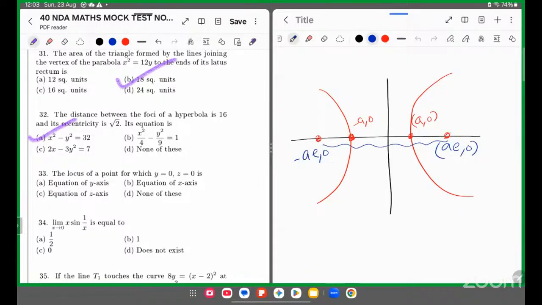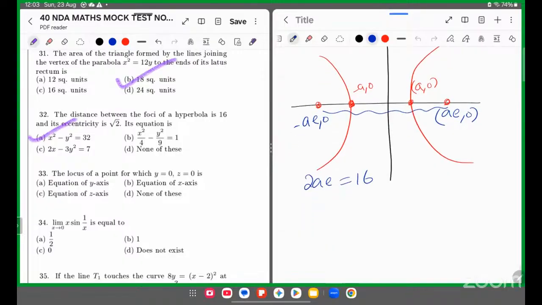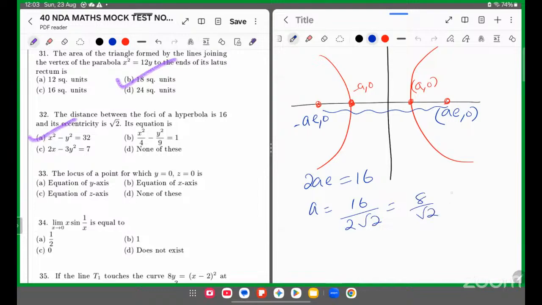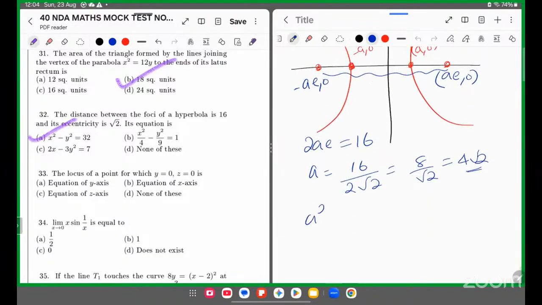This distance is given as 2a. 2a is 16. So a becomes 16 by 2 root 2, 8 upon root 2. So it will become 4 root 2. So we are getting a square is equal to 32.